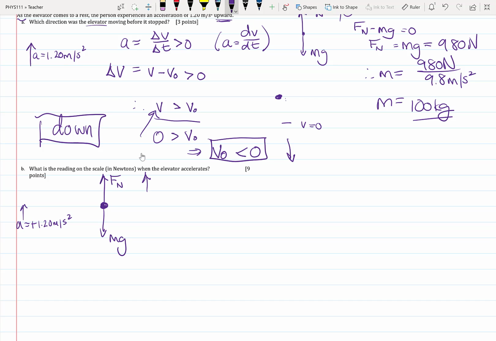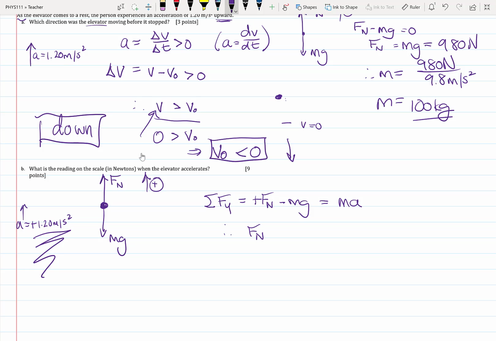This is our y direction. Upwards is positive. So we can sum all the forces in the y direction. And that is equal to plus the normal force minus the mg, gravitational force, and that's equal to mass times acceleration, that a of 1.2 meters per second squared. So let me go ahead and put everything together.